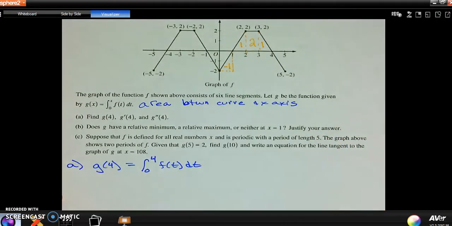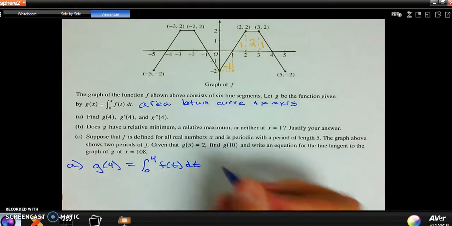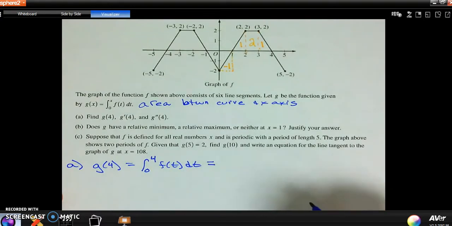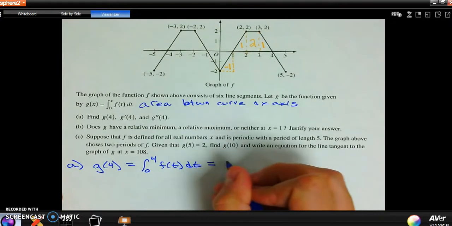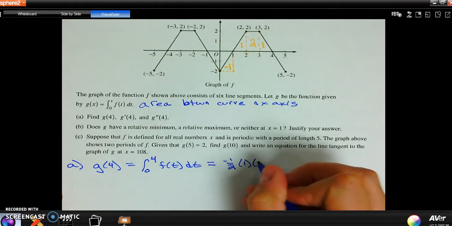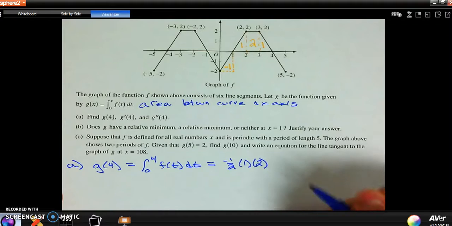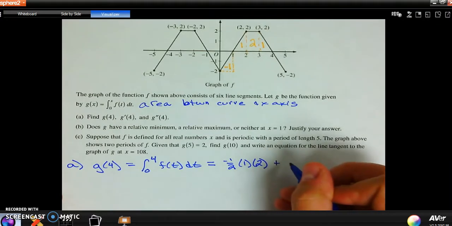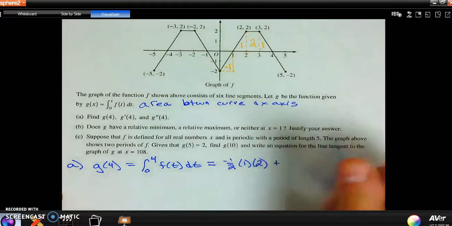Okay? All right, that was kind of my scratch work, but if this was the AP exam, I would definitely want to show that. So I'm saying that it's going to be negative 1/2 my base times height. That's for that first piece. Plus, and then you can do each triangle separately.